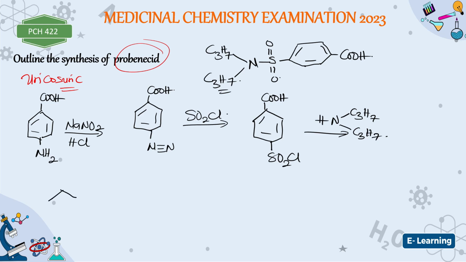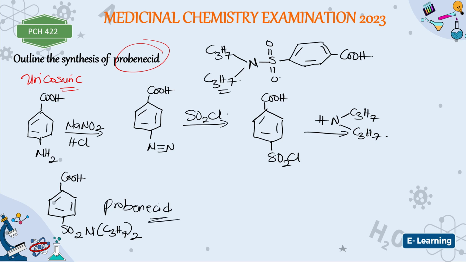So that at the end of the day, you are going to be getting COOH, here SO2, and then this group attached, which we can also write as N(C3H7)2. So this is the structure of your probenecid.